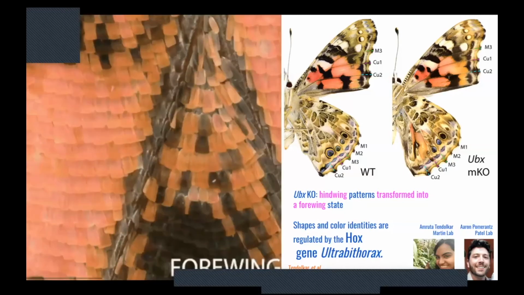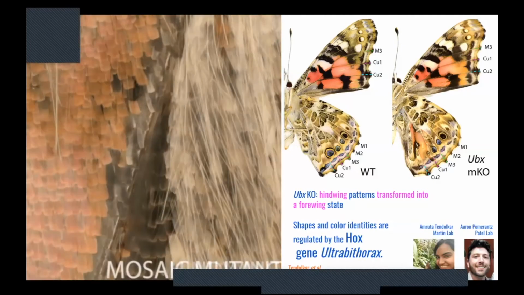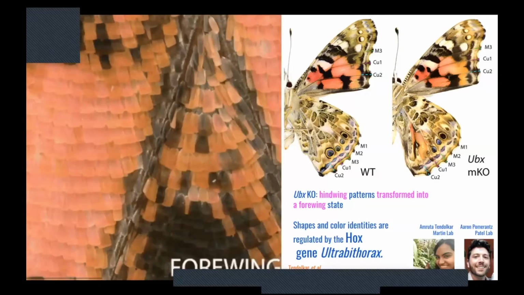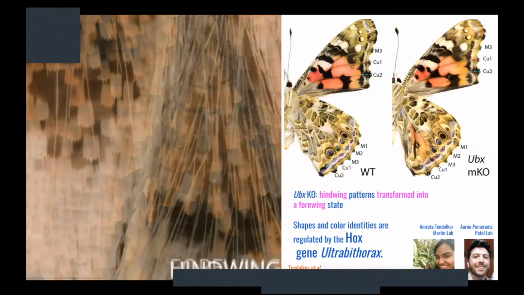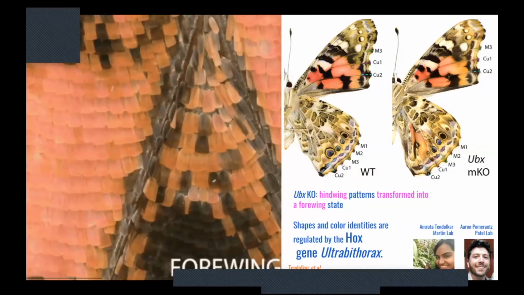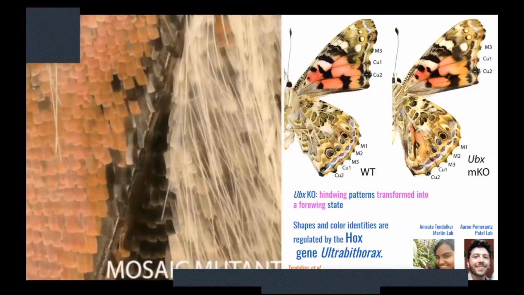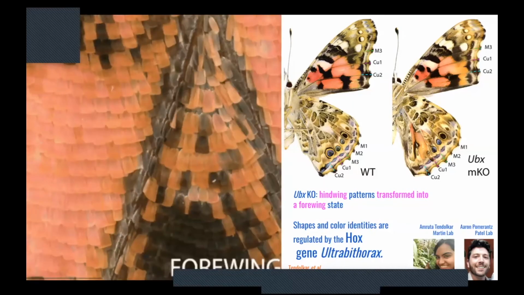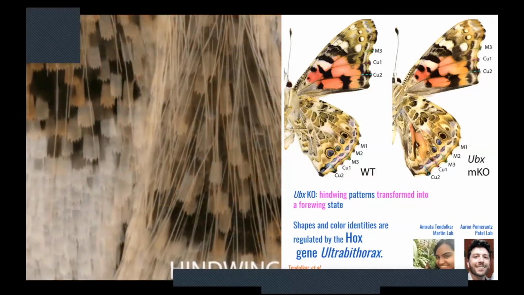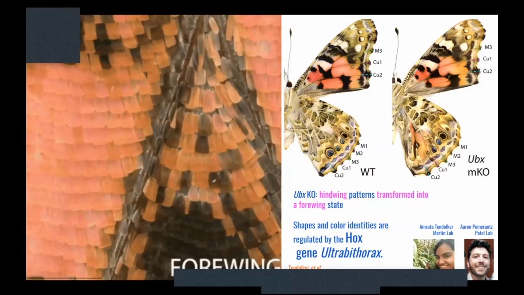So when we knock out this gene, we get high lethality, but we get little patches on the hind wing that take the forewing identity. So you can see this copy paste of orange and salmon colors onto the hind wing. If you look on the left, the hind wing is supposed to be beige and hairy, and in the mutant, you copy paste pink scales from the forewing.